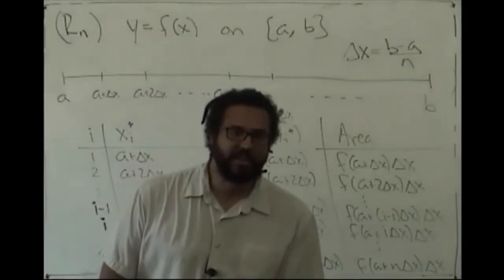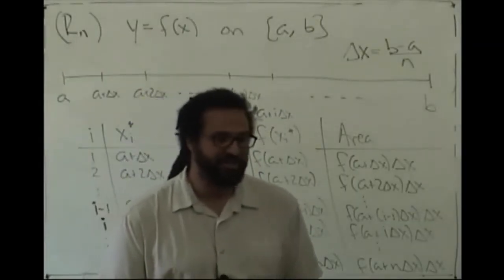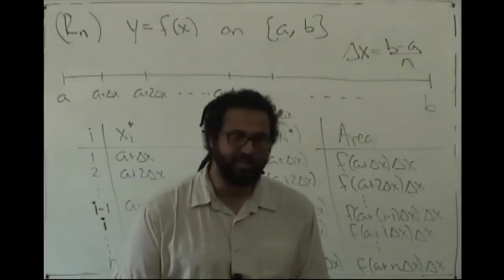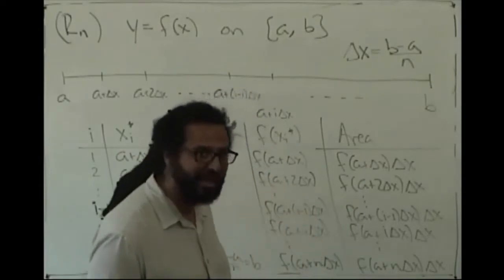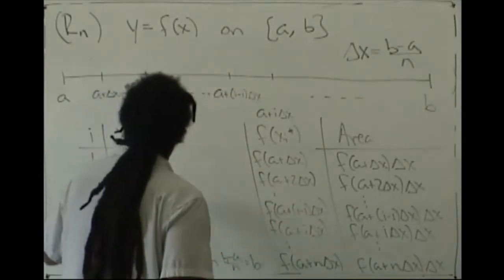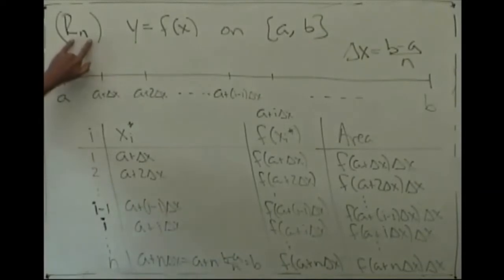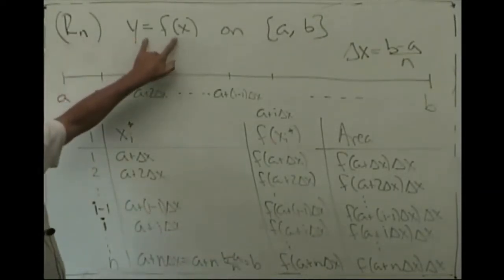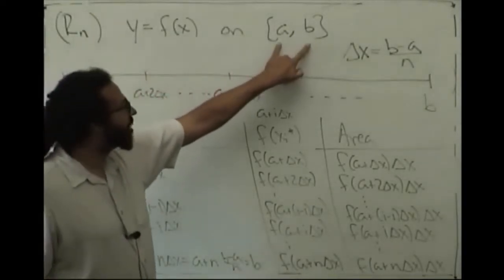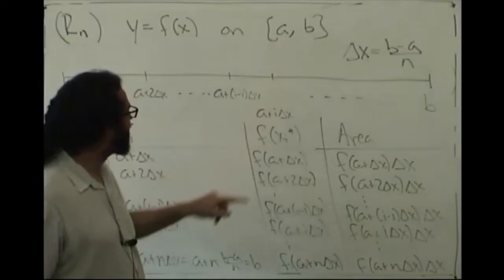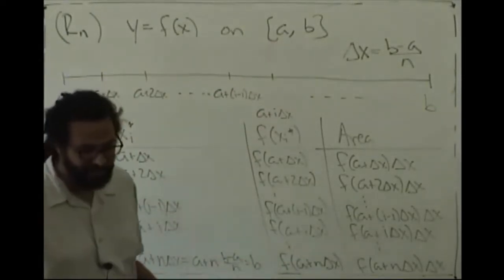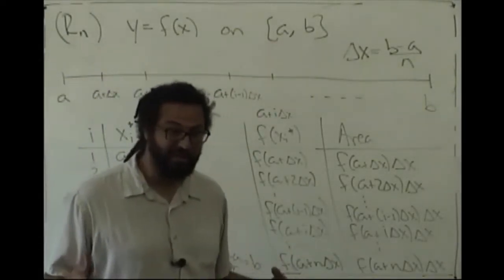Okay, let's look at why we get the expression that we do for the right endpoint approximation using n rectangles. So for the right endpoint approximation using n rectangles, we are trying to approximate the area under the curve f of x on the interval from a to b. So again, the slice part is really the most important part.